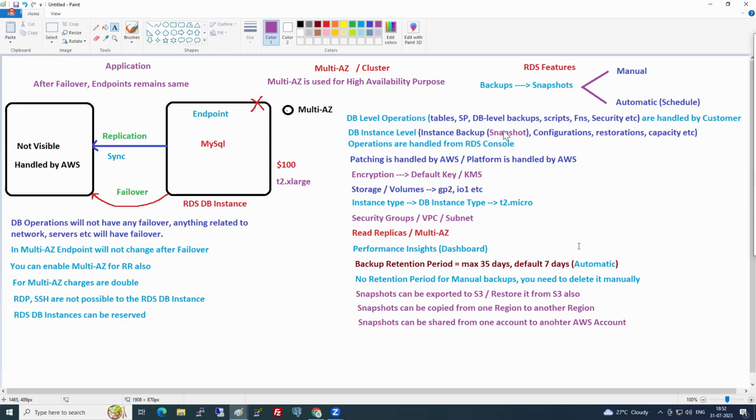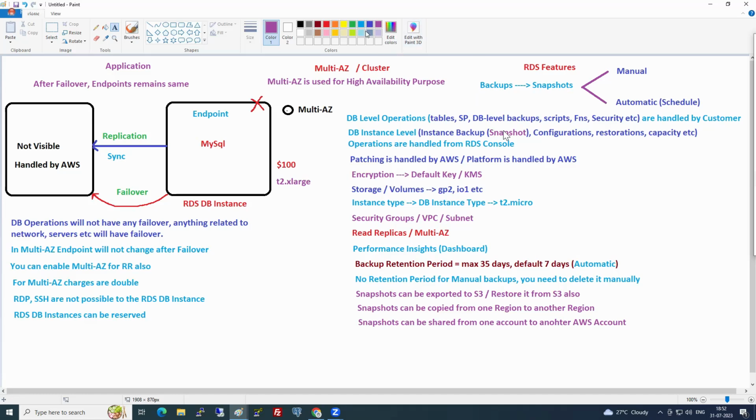Now I have a database as T2 Micro. Now this T2 Micro is not sufficient after some point of time. Can you scale up? Easily you can scale up. But can you scale up while the DB instance is running? You need to stop the DB instance and then scale up. So you need to have a downtime.